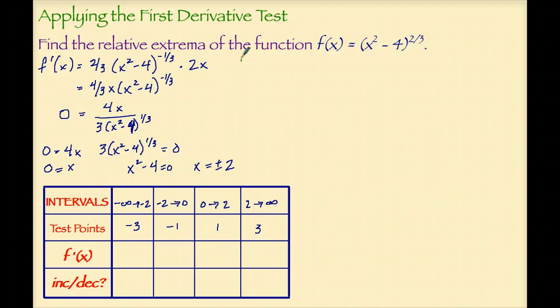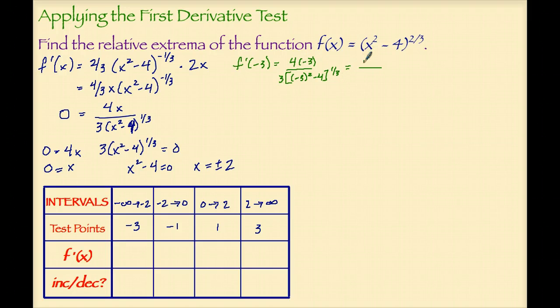So let's do that. F prime of negative 3 gives us 4 times negative 3 over 3 times (negative 3 squared minus 4) to the 1/3 power. Now, I'm not going to calculate the actual value, but let's look at the sign of the numerator and denominator.